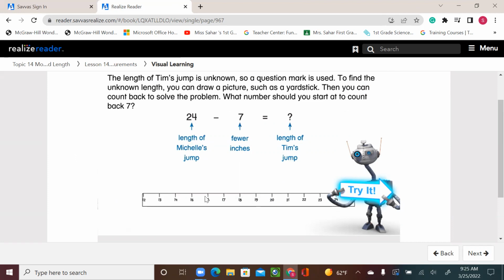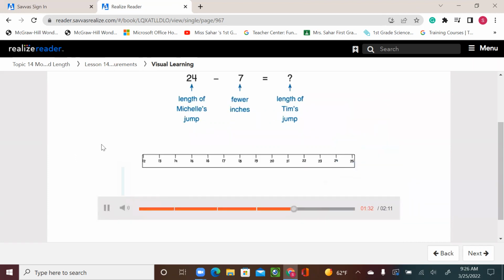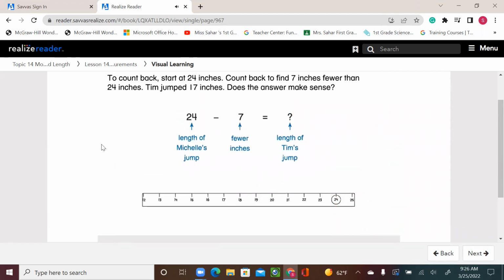So we're using here either a ruler or the yardstick, and we will do our subtraction. To count back, start at 24 inches. Count back to find 7 inches fewer than 24 inches. Tim jumped 17 inches.